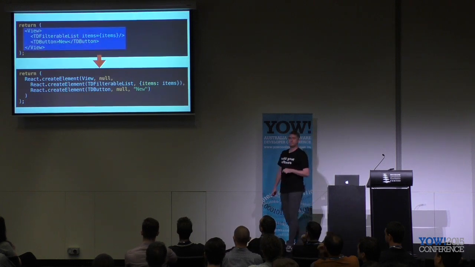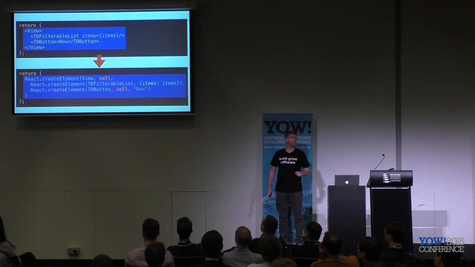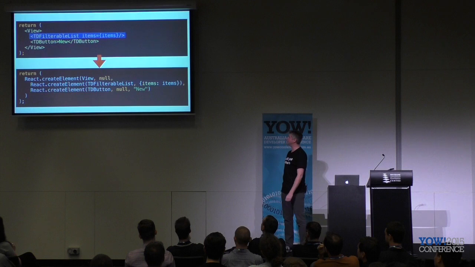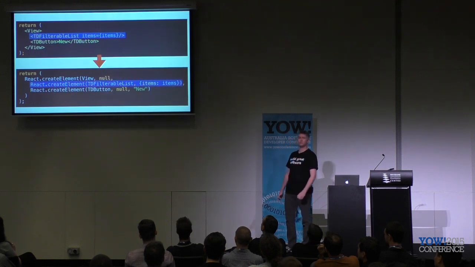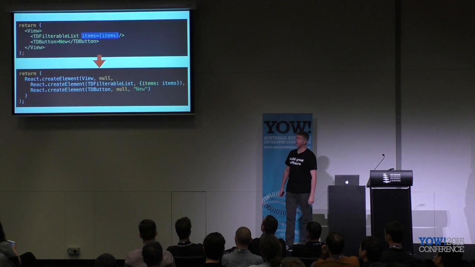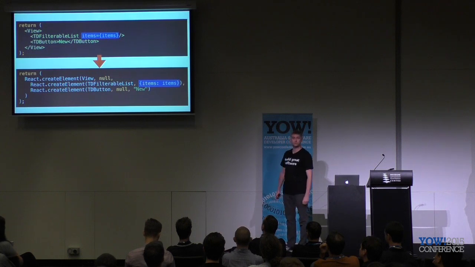In our JSX, we've got our view tag up at the top here, so we just have some JavaScript generated that creates an element, a view element. We have our TD filterable list tag here, so we have some JavaScript that creates a TD filterable list element. We have a TD button, so some JavaScript is generated that creates our TD button element. We can actually pass properties to tags, and really those are just a hash that is passed to each element when it's created.